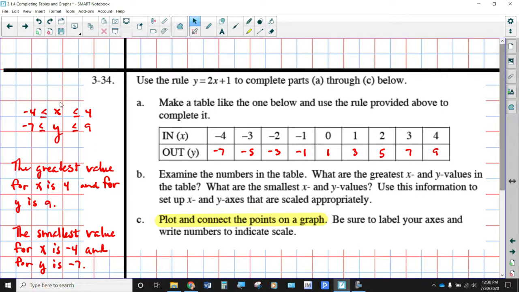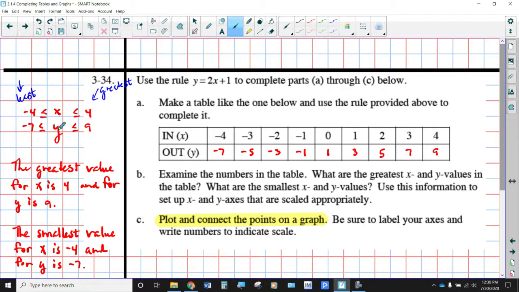So this is an inequality symbol that means less than or equal to. So negative 4 is less than or equal to x, which in turn is less than or equal to 4. So this is a way of saying this has the least value, and this is the greatest value.